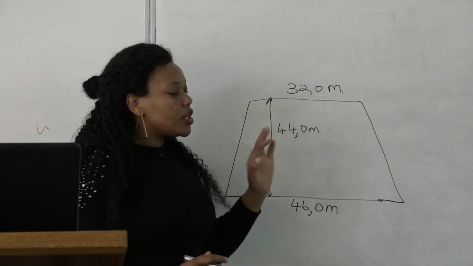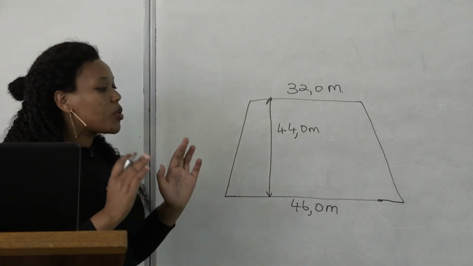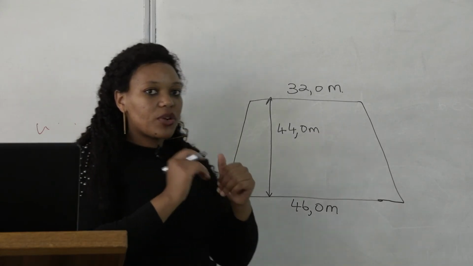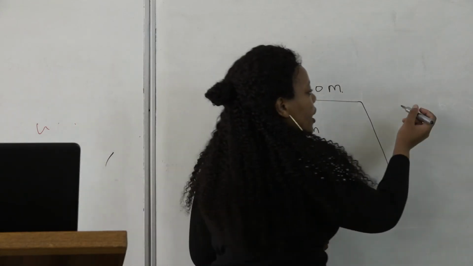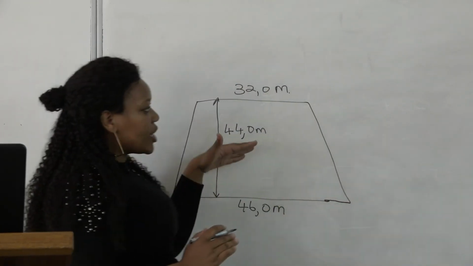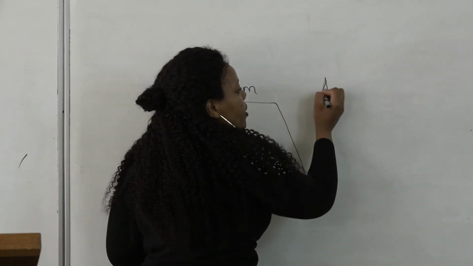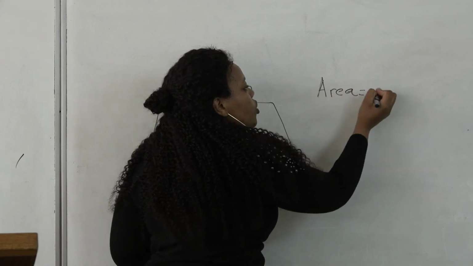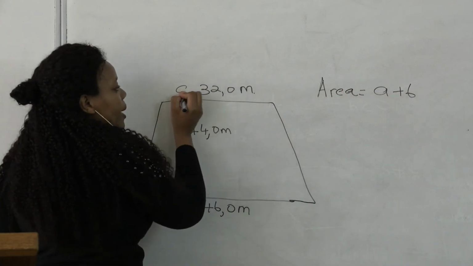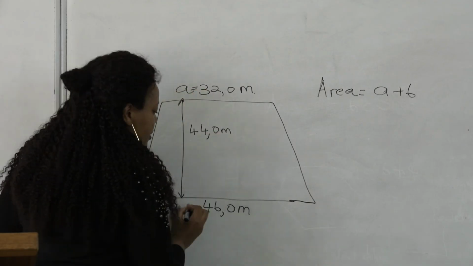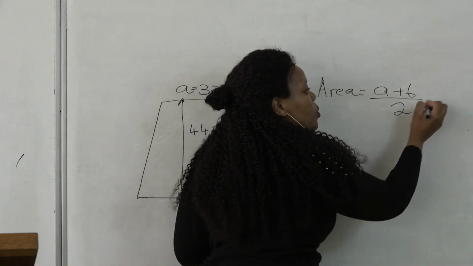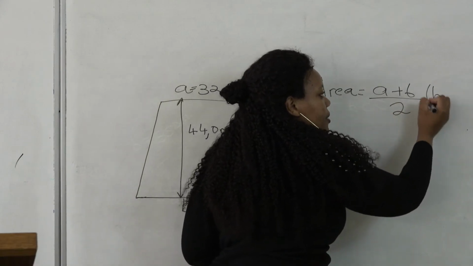So we are required to calculate the volume. I've said earlier that we first need to calculate the area. The formula that we use to calculate the area of the trapezium is area is equal to A plus B, where we can name this side as A and this side as B, divided by 2 times height.